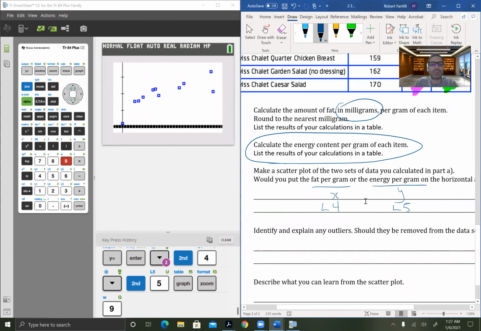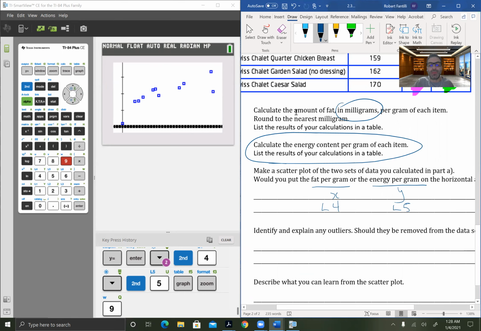So we have low fat per gram. That one's just a little bit out of whack. And then this one here is going to be the Swiss Chalet salad. It's got high fat per gram, but it's not giving as much energy. That's not really good. You want to have a high fat content and get energy. So it's just an outlier, not a big deal, but we'll explain it.